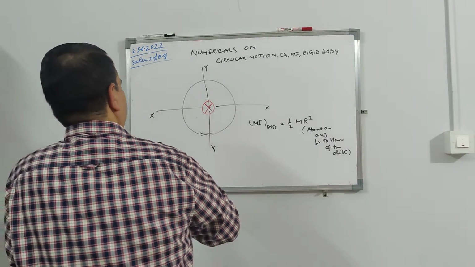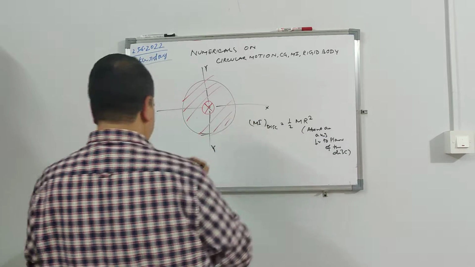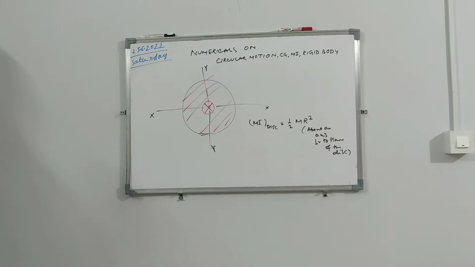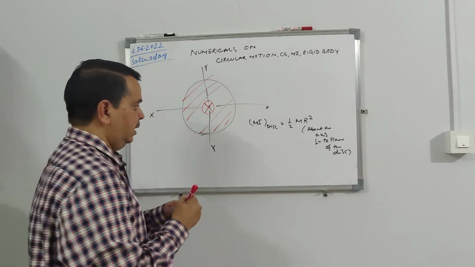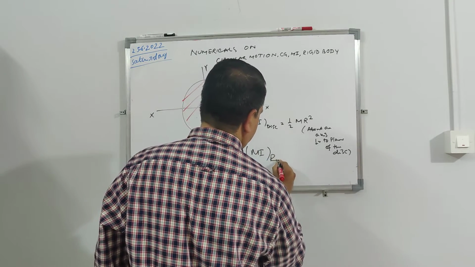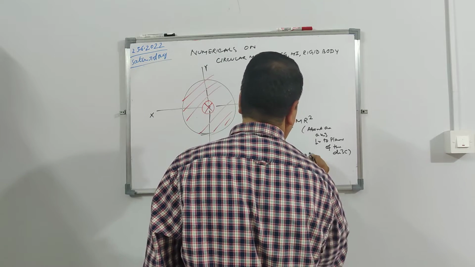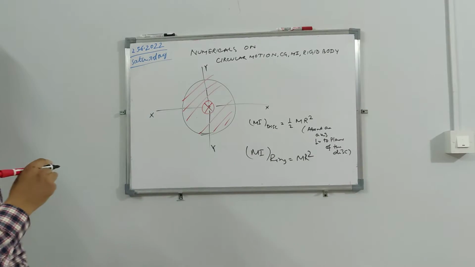A disk is a solid, filled everywhere. If instead of a disk it is a ring of the same mass, the moment of inertia becomes mr square, also about the perpendicular axis.